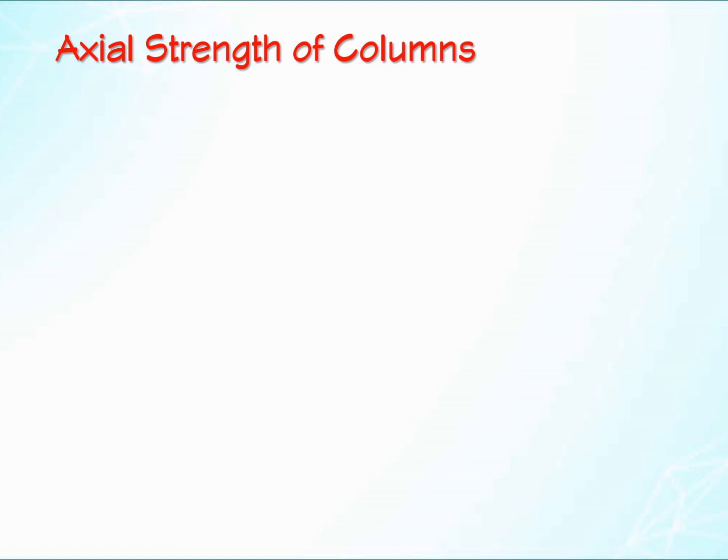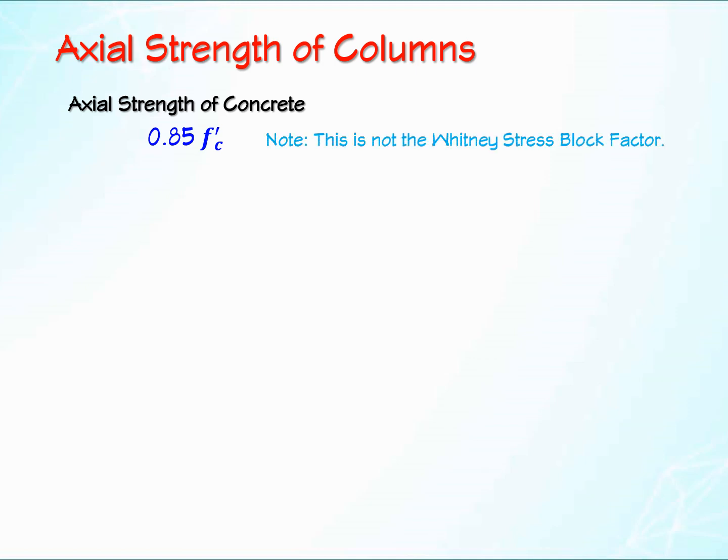Okay, a column is for axial force. Naturally, axial strength of column is our main concern. Axial strength of concrete is 0.85 f'c. This may sound familiar, but actually this is not Whitney stress block factor.